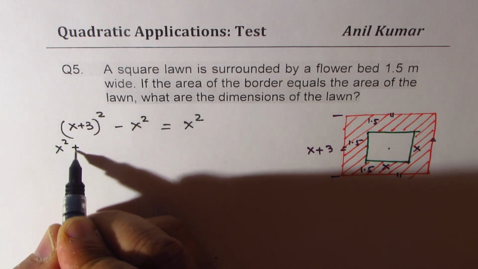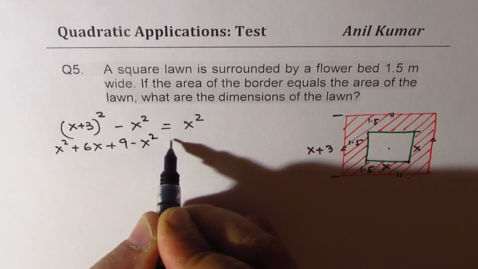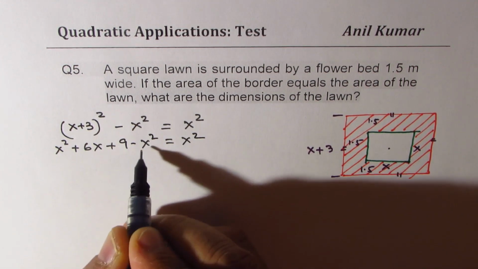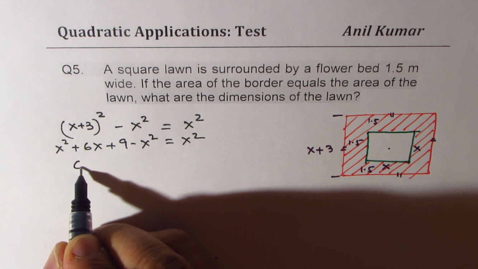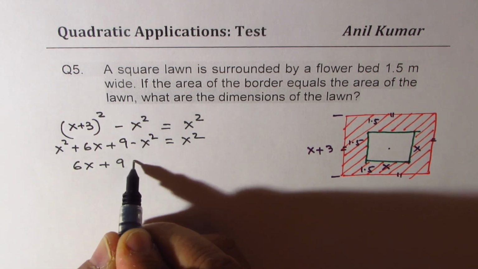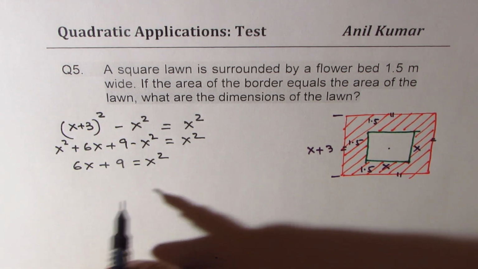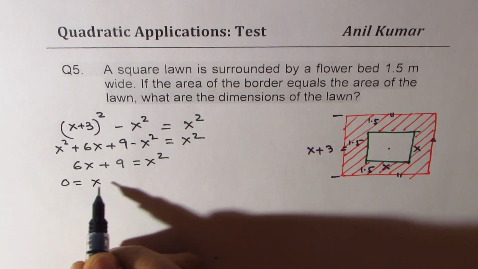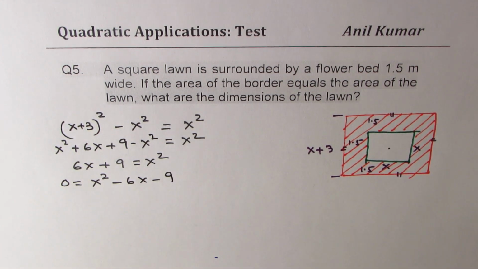We get x square plus 2ab, which is 6x, plus 9 minus x square equals x square. Now these two cancel. So we have 6x plus 9 equals x square. Taking these terms to the right side gives us 0 equals x square minus 6x minus 9.